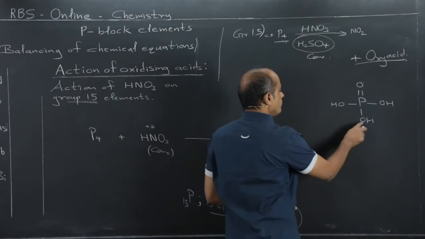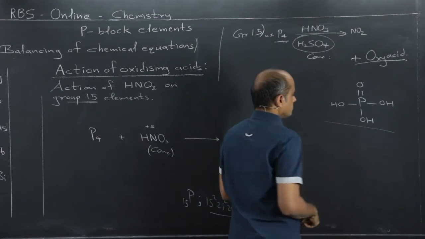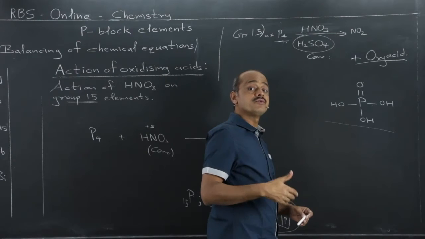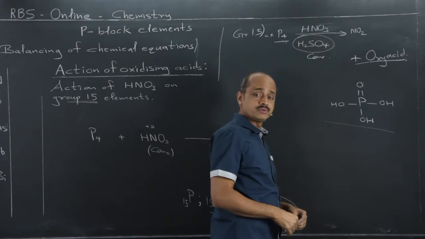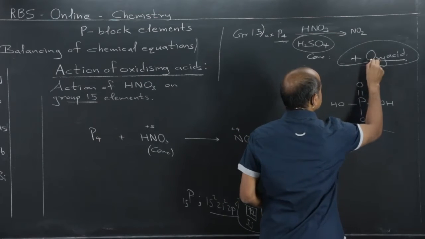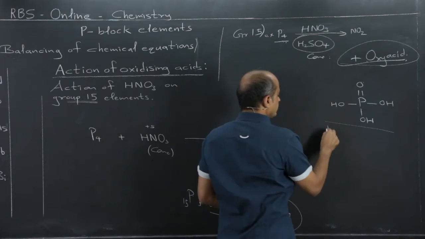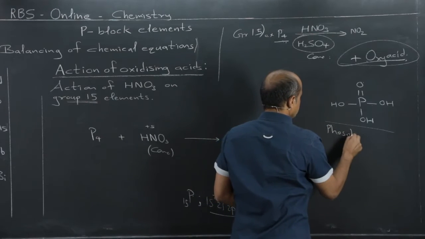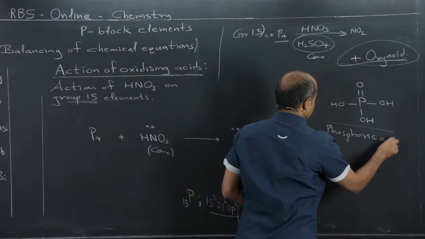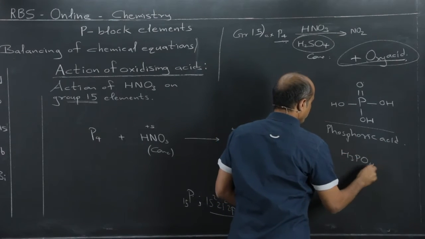OH groups mean hydroxides of non-metals; phosphorus is a non-metal, and hydroxides of non-metals are oxyacids. This is phosphoric acid, the formula H3PO4.